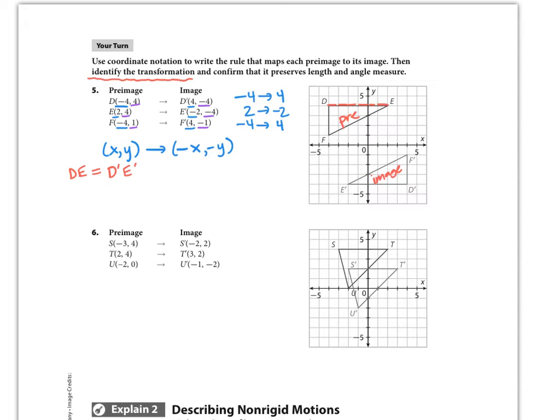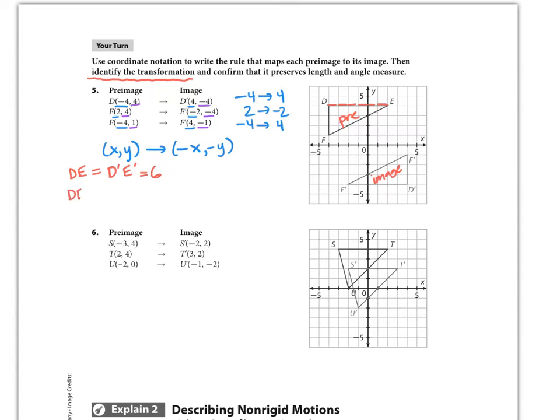And some of you might, because you'll probably forget this. You can just count. It's just going straight across. So I just go 1, 2, 3, 4, 5, 6. So DE is 6. And if I go here to D prime and E prime, that's 1, 2, 3, 4, 5, 6. And those two are equal.